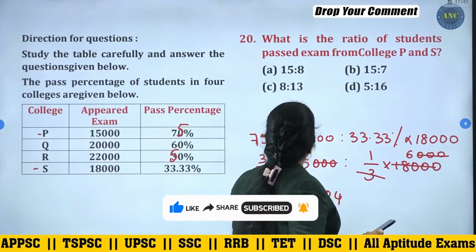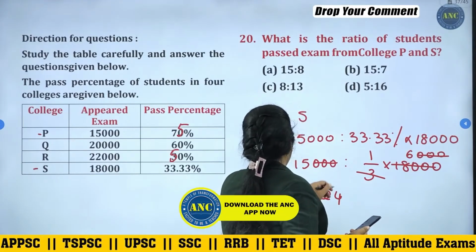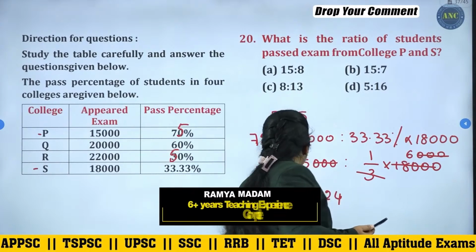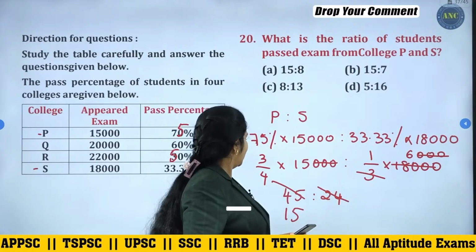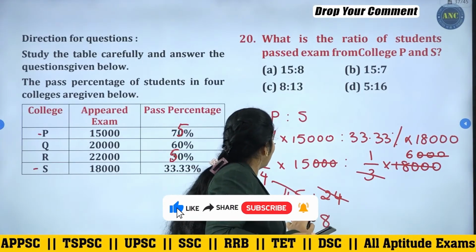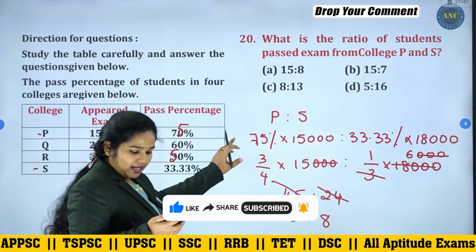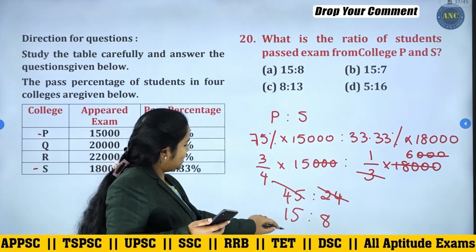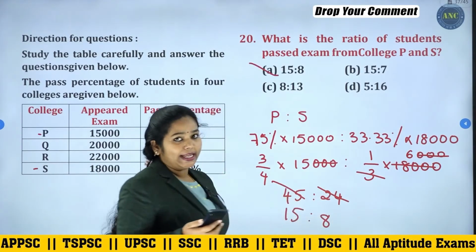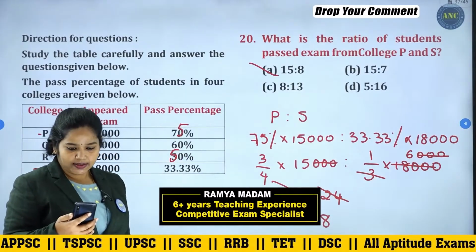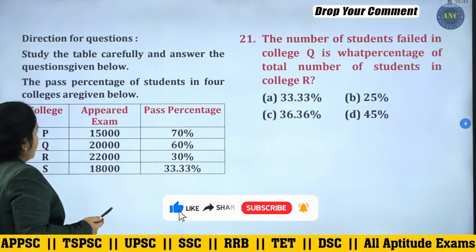Why am I getting this answer? Okay, we can cancel this off. 3 1s, 3 5s, 3 8s are 24. Did you get the calculation correct? So 15 is to 8 is the correct answer. Option A is correct. Clear? Next question.